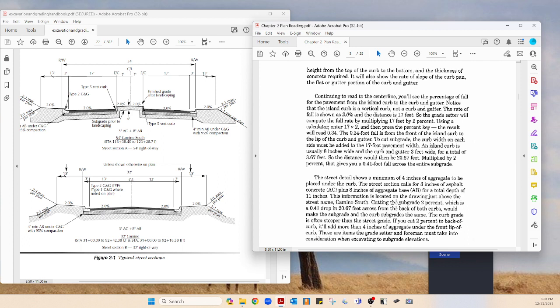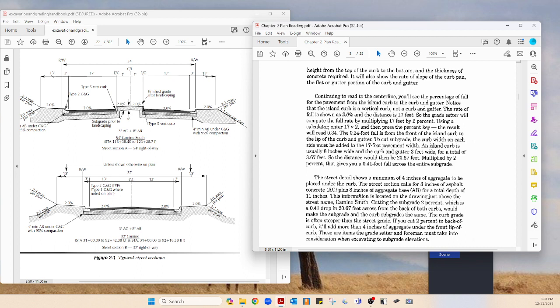So next is cutting the subgrade 2%, which is a 0.41 drop in 20.67 feet across from the back of both curbs, would make the subgrade and the curb subgrade the same. What in the world is he talking about here?